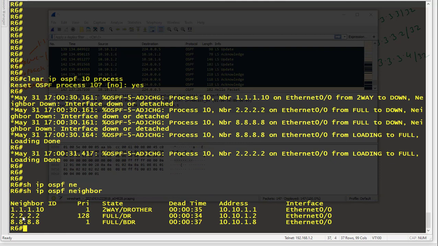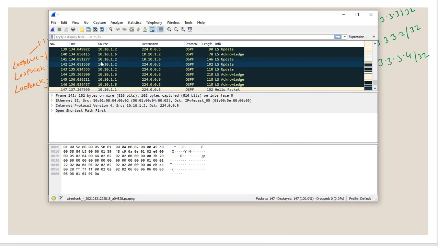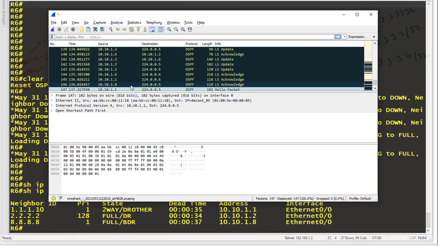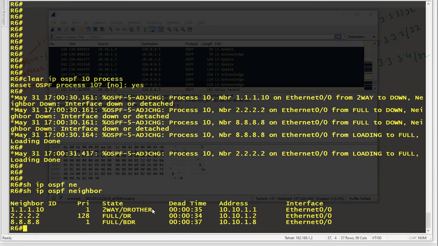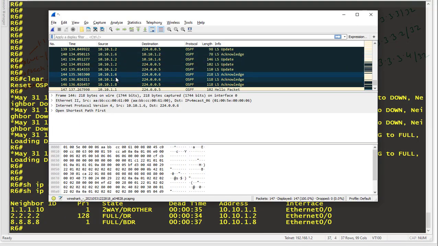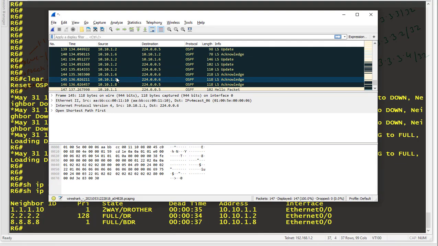If it is communicating with router 2, 10.1.1.2, it uses 5. If it is communicating with R8, it uses 5. Here you can see. If it is communicating with a DR other router, meaning router 1, it uses 6.